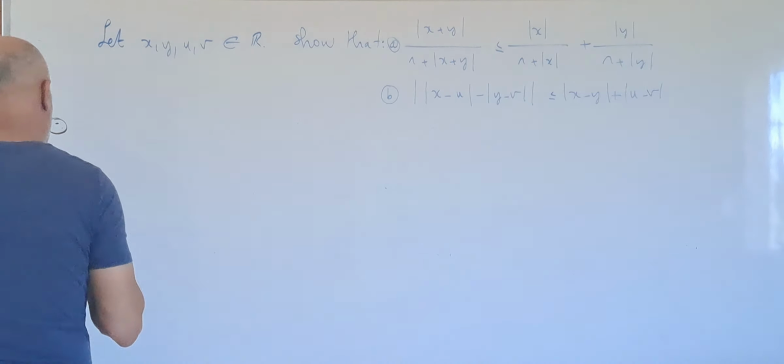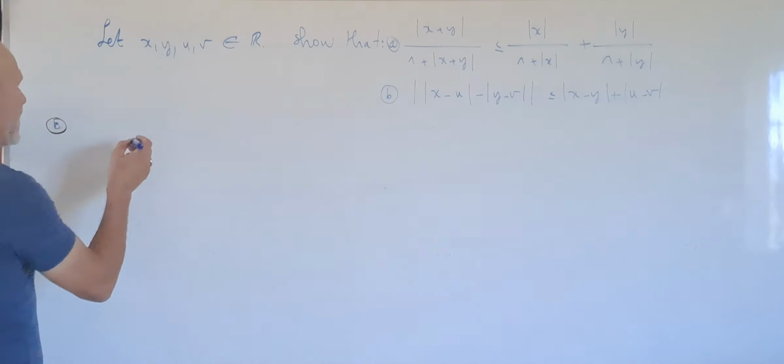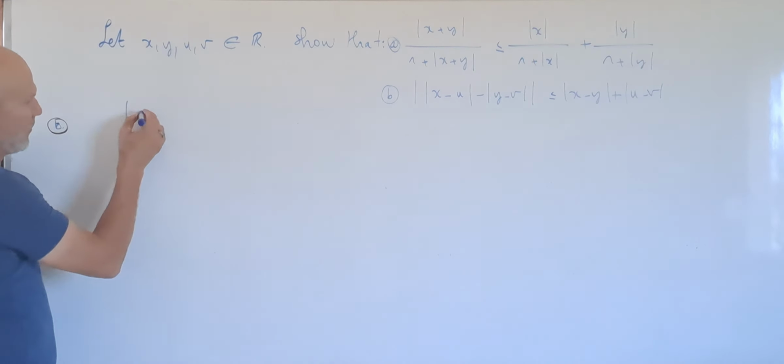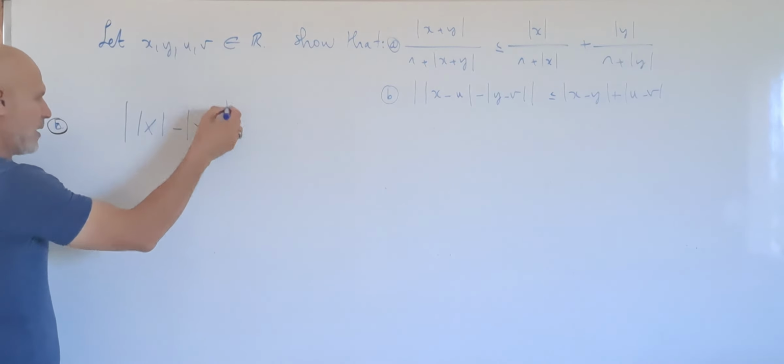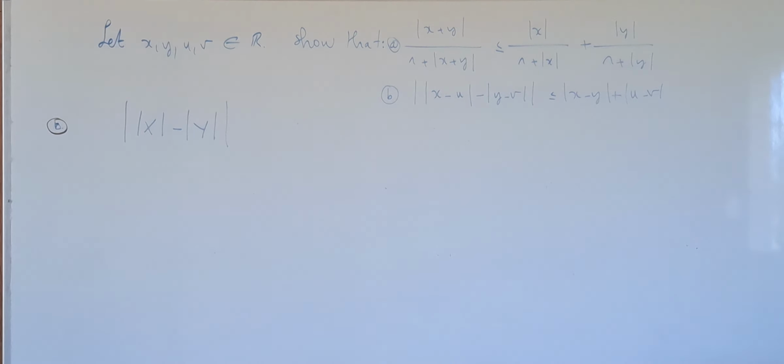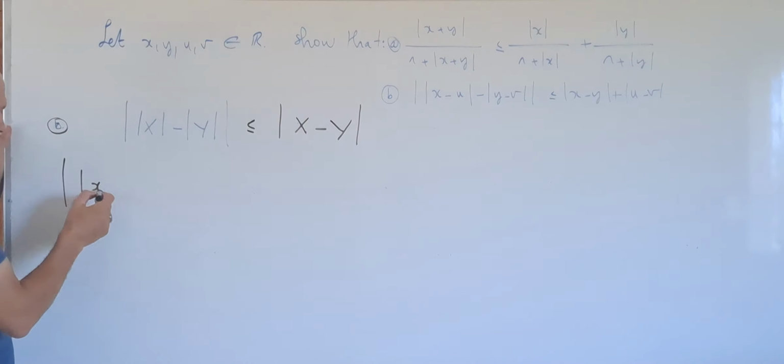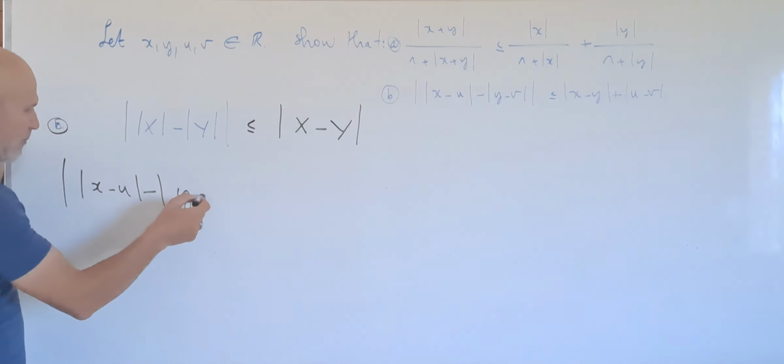We know, or we are supposed to know, the inverse triangle inequality: the absolute value of the absolute value of capital X minus the absolute value of capital Y is less than or equal to the absolute value of capital X minus capital Y. So for capital X equal to x minus u, and capital Y equal to y minus v, we get the absolute value of the absolute value of x minus u minus the absolute value of y minus v.